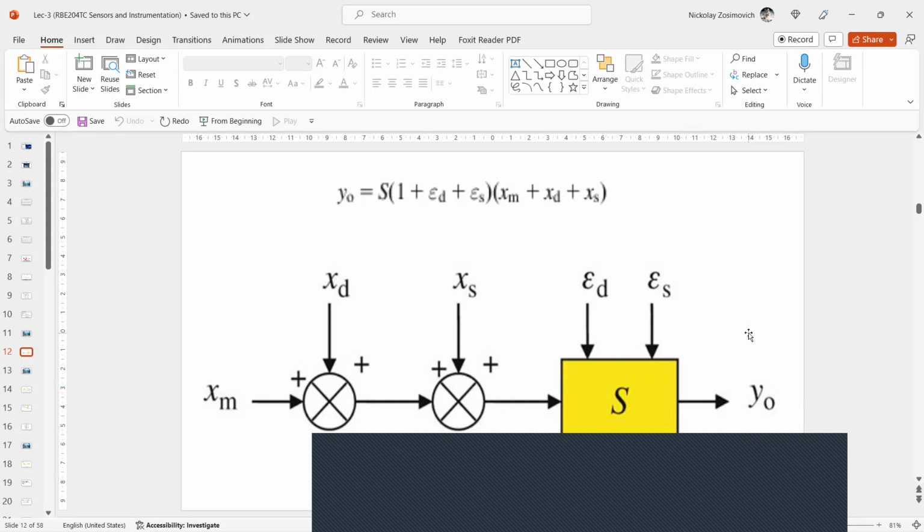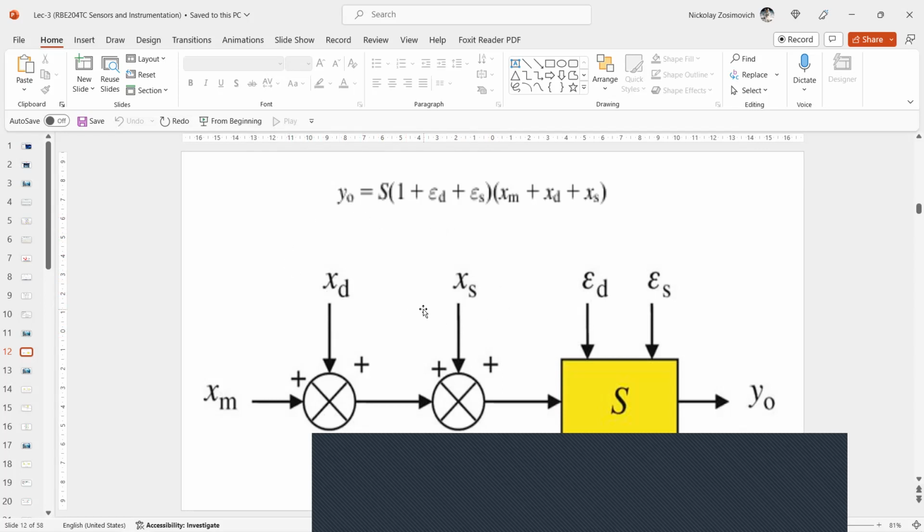Additive error signals are modeled as additional input signals. Both XD and XF represent a deterministic and a stochastic error signal respectively. So deterministic and stochastic signals.